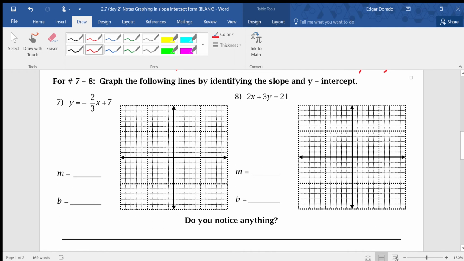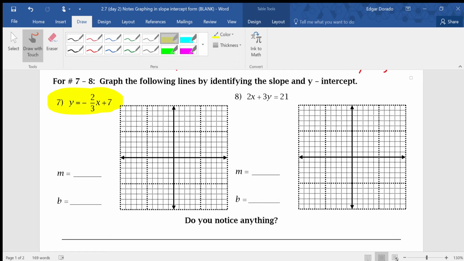Okay, so let's go ahead and take a look at number 7 through 8. It says graph the following lines by identifying the slope and the y-intercept. Right off the bat, we can see that this right here, and let me highlight it, is in what form, guys?